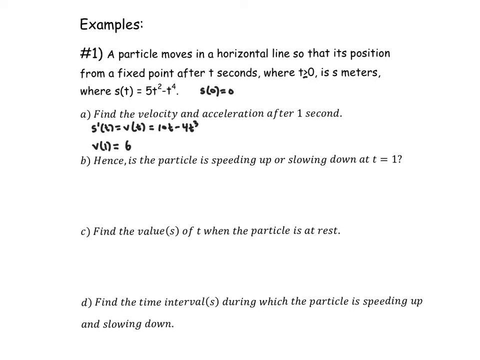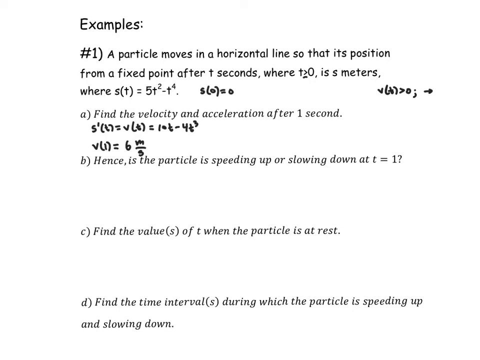So we would have 6 meters per second as the velocity after 1 second. Now, we didn't talk about this on the last slide, but if velocity is greater than 0, that means in this context the particle would be moving to the right at t equals 1 second.